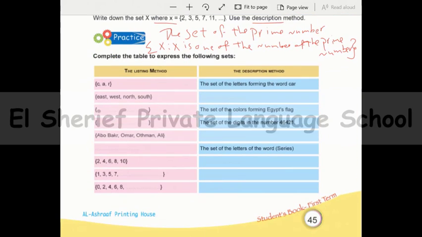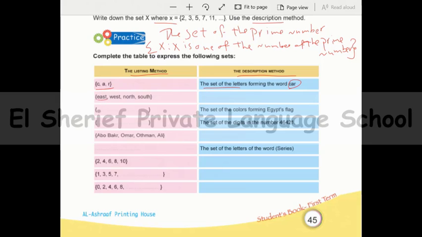We have examples here, the listing method and the description method. For example, C and A and R. The description method: the set of the letters forming the word car.